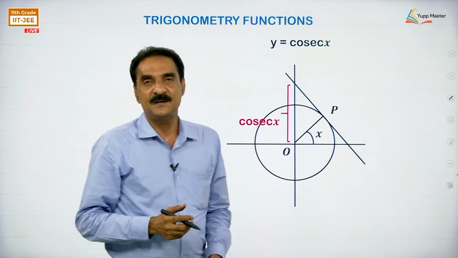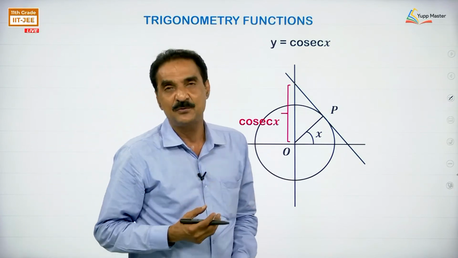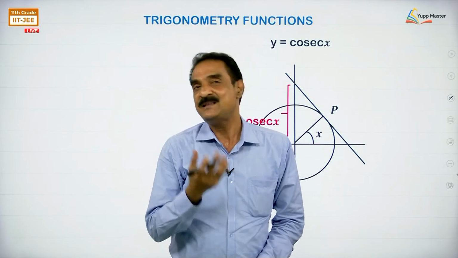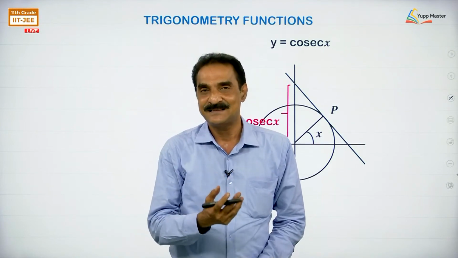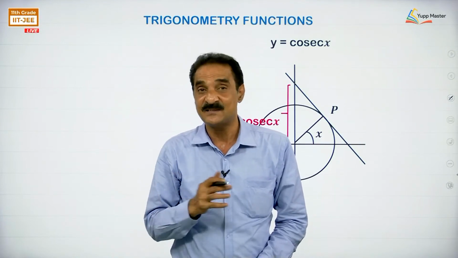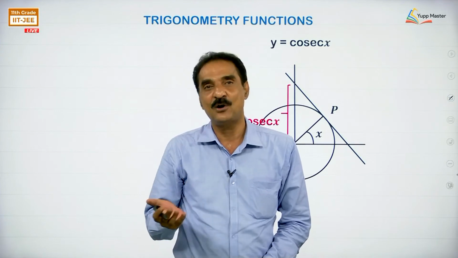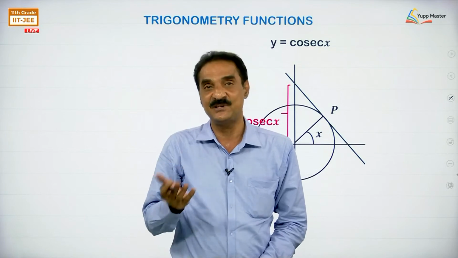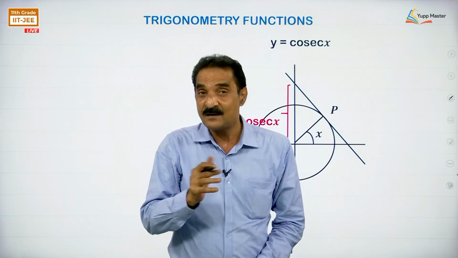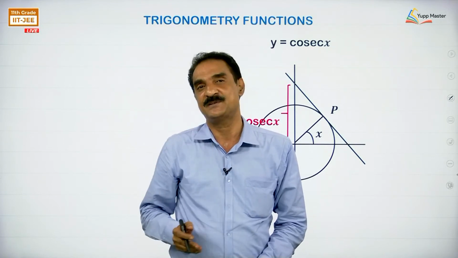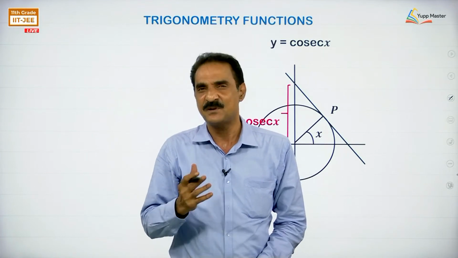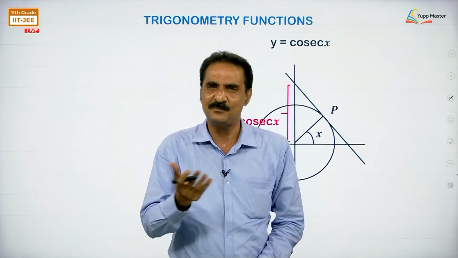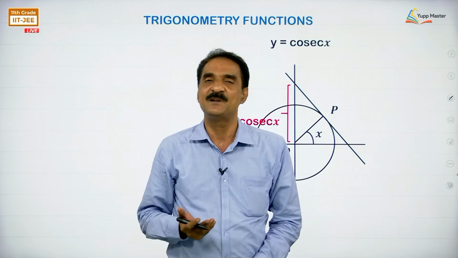In the beginning of trigonometry, I have already told you why they are named sine and cosine, tangent and cotangent, secant and cosecant. They have similar properties. Their behaviors, graph, domain, range, everything, mostly they will be similar to each other.